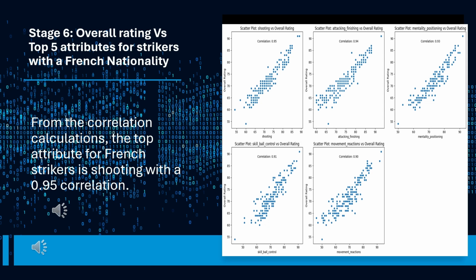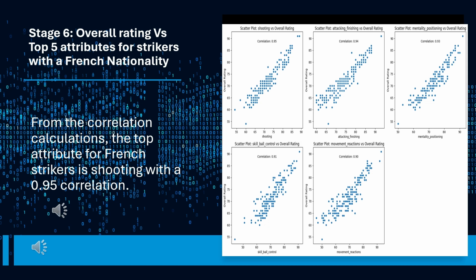Finally, we looked at the overall ratings against each of the top 5 attributes for strikers who come under a French nationality. From the correlation calculations, the top attribute for French strikers is shooting with a 0.95 correlation. As we can see, this is similar to the overall correlation for shooting in terms of all male players on FIFA 23.